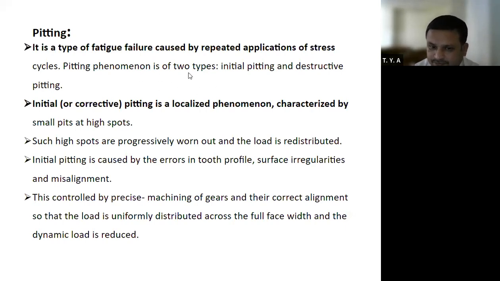Pitting phenomenon is of two types: initial pitting and destructive pitting. Write down this pitting.